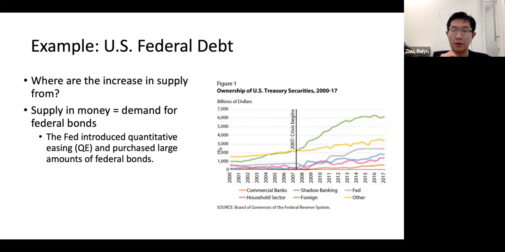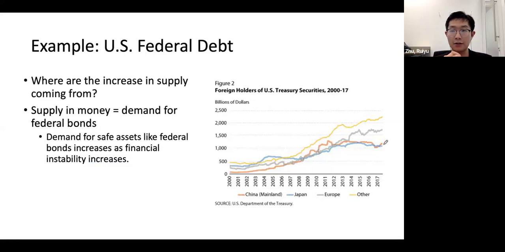So the first force we should consider is that after the crisis began, the Federal Reserve introduced quantitative easing and purchased a large amount of federal bonds. If you see the right figure here, the gray line represents the US Treasury security holdings by the Fed. You see a very large increase after the crisis. So there is a large increase in the demand for federal bonds, or a large increase in the supply of money by the Federal Reserve. Right.